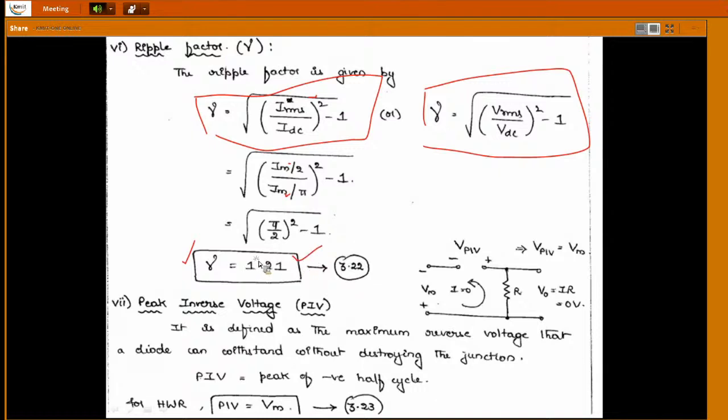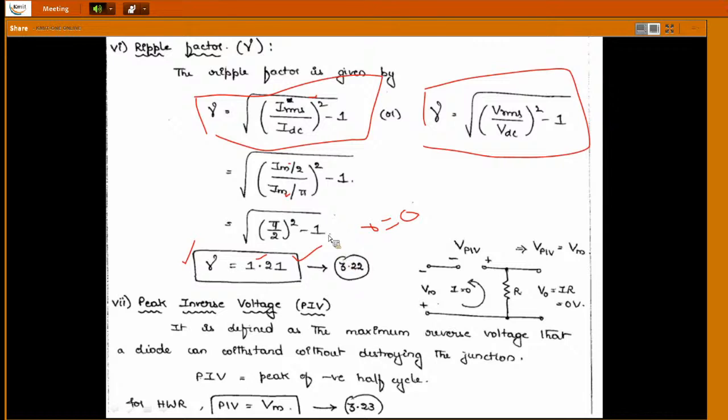Now, what is this figure? The ripple factor tells us how many ripples are present in the output signal. If the ripple factor is equal to 0, that indicates there are no ripples in the output signal. That is the purest form of DC. Ultimately, we are expecting fewer ripples. If the ripple factor is very low, then with the help of normal filters we can remove them. But even if the ripple factor is higher, we are going to use a filter at the output side.